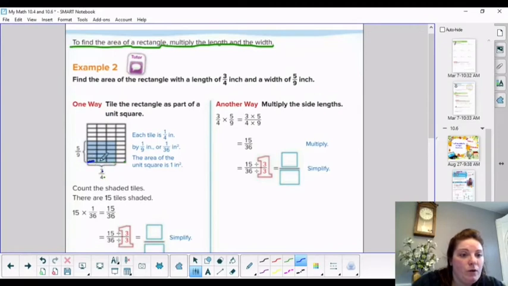So 1, 2, 3 of the 4. Okay. Now I'm looking at 5/9. I have 9 total going vertically up and down, and I need to shade in 5 of them. So 5 of them get shaded. And I always start at this bottom left corner. 1, 2, 3, 4, 5.